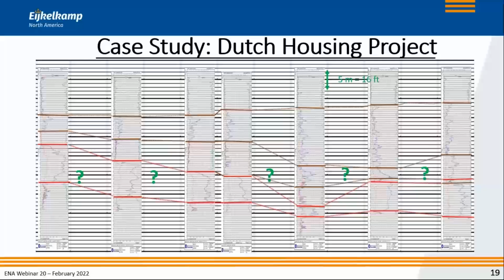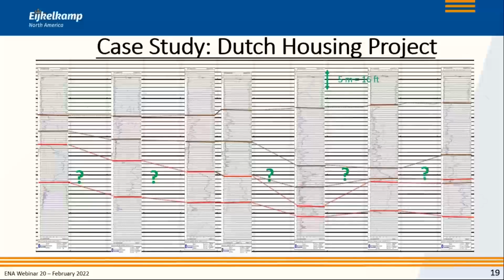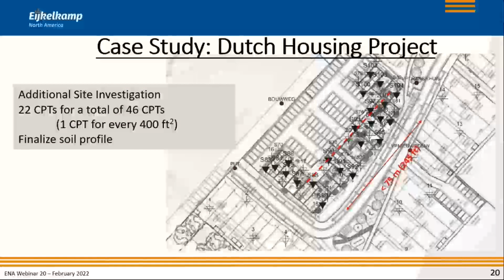Major uncertainty. Fortunately though, because the results were transmitted instantaneously, a decision was made before the unit was demobilized to say, okay, let's just play it safe, stay another day, and do a couple more. So in the end, we ended up with 46 CPTs, which means 1 CPT for every 400 square foot.